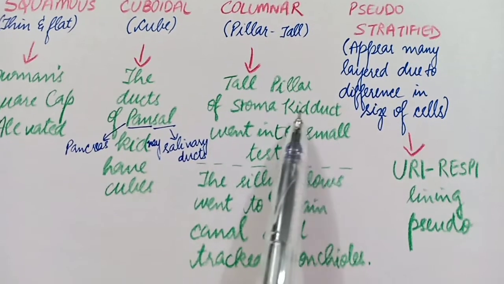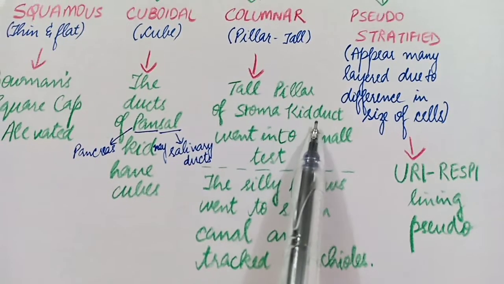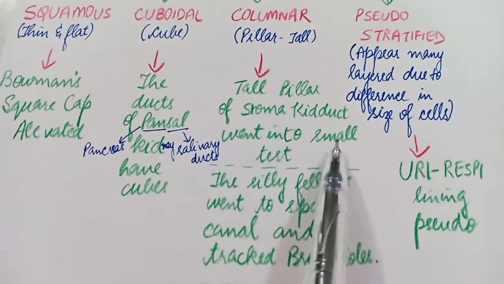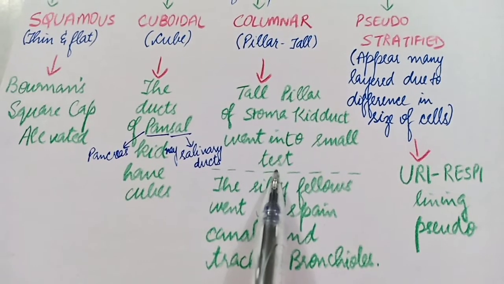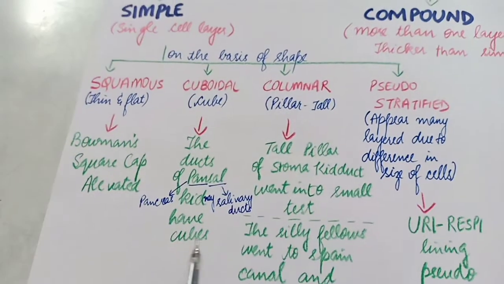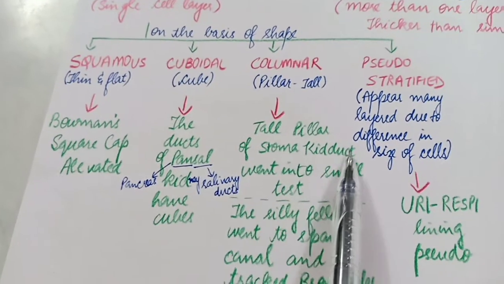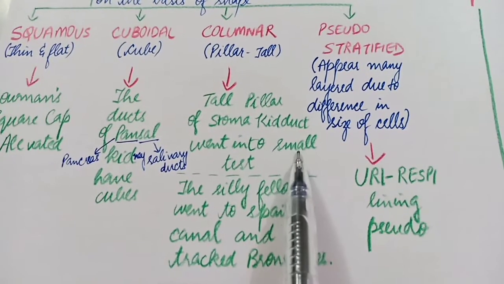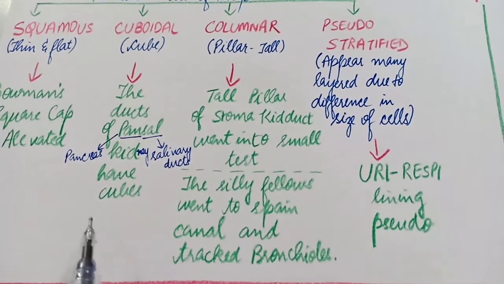Kidduct, kidney duct. Wherever I am using the word kid, that is for kidney. Went into small test, that means small intestine. So columnar simple epithelial tissues are present in the lining of stomach, kidney duct and small intestine.